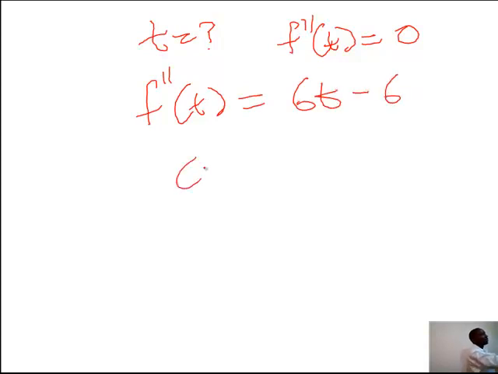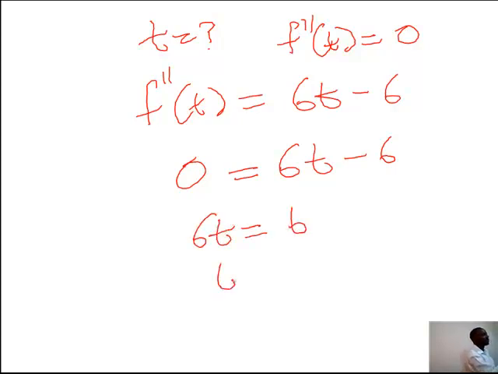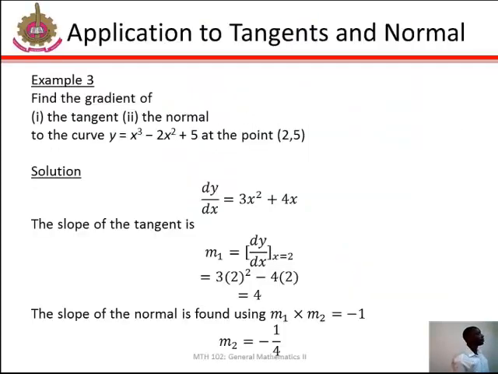So we just equate it. When this is 0, we are going to have 6t minus 6 equals 0. We make t the subject of the formula, and we are going to have 6t equals 6, and t equals 1 second. As simple as ABC.